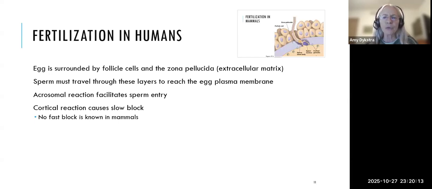In mammals, there's no known fast block, so they don't have the depolarization that causes the fast block, but they do have the same cortical reaction that causes the slow block. So the zona pellucida will be lifted away from the egg plasma membrane, and so there'll be a space there, and that'll prevent any more sperm from getting in.